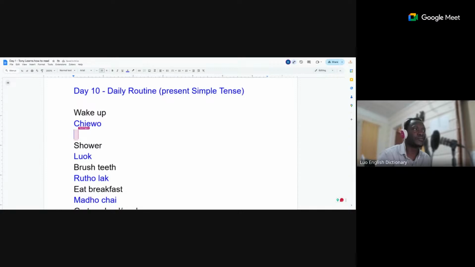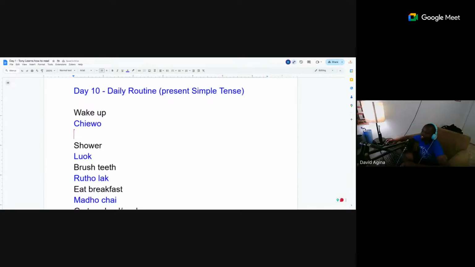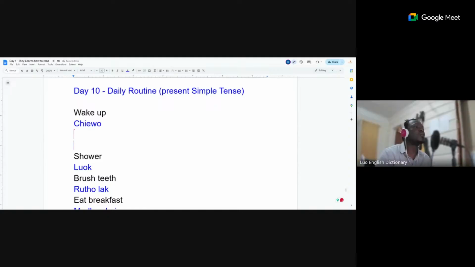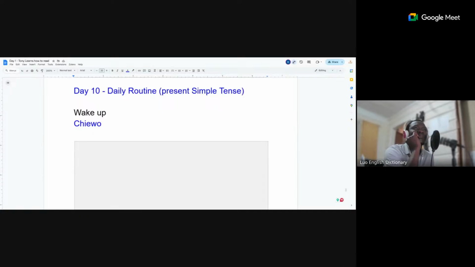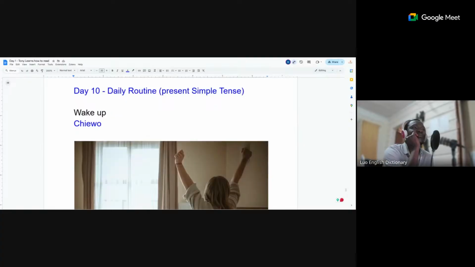Not the word, but the action itself, like somebody waking up. Then we want to put a sentence below it. Find a picture that you think represents waking up.